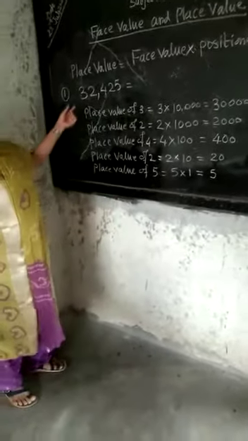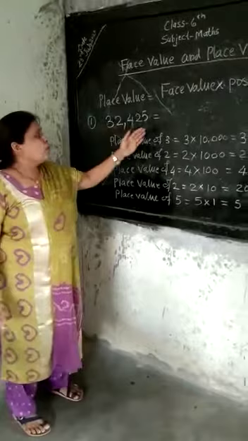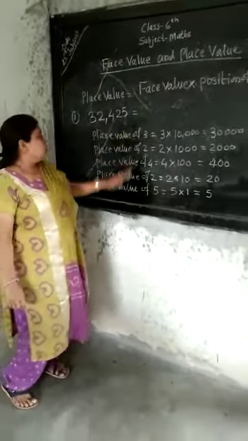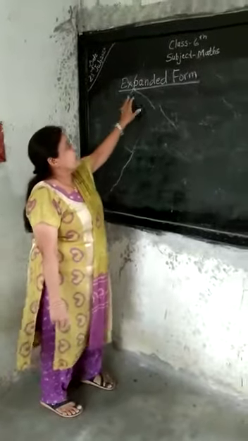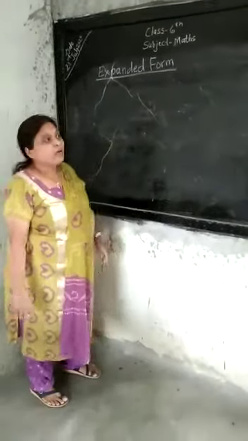In this way, we have to find the place value of a given number. Now we have to see the expanded form of the given number.